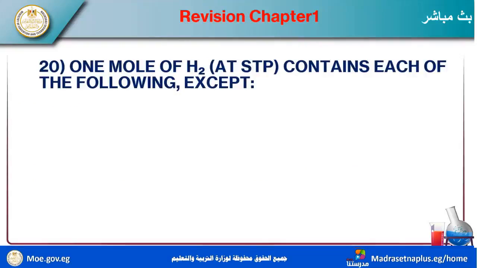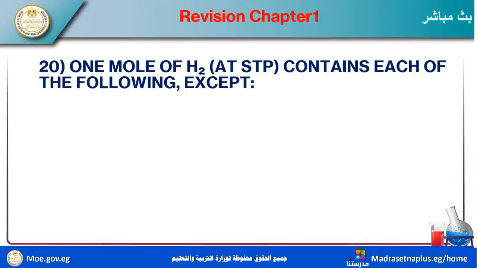1 mole of hydrogen at STP, standard temperature and pressure, contains each of the following except. I told you before the difference between STP and RTP. STP, standard temperature and pressure, is 0 degrees centigrade and 1 atmosphere of pressure.